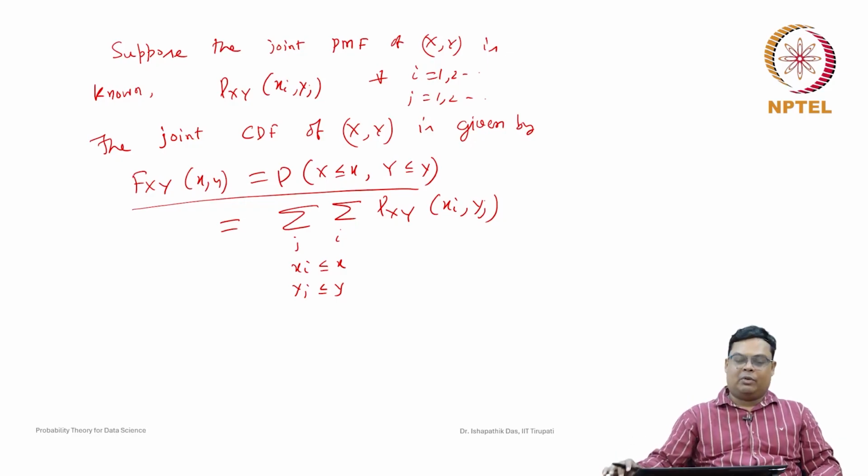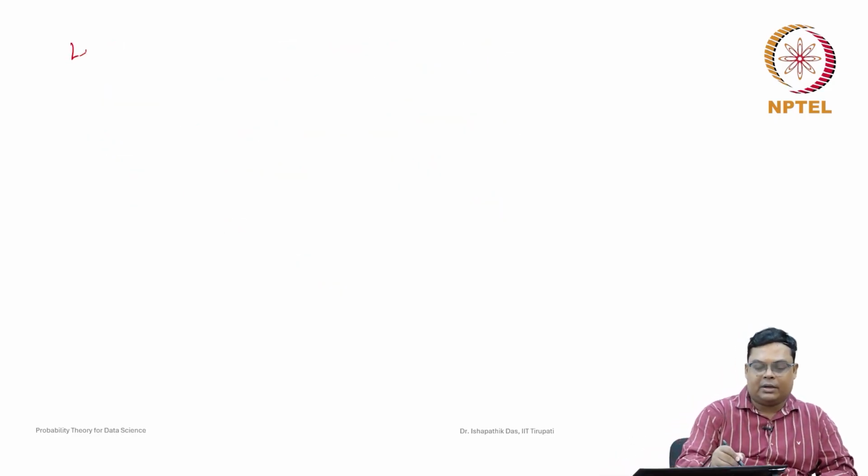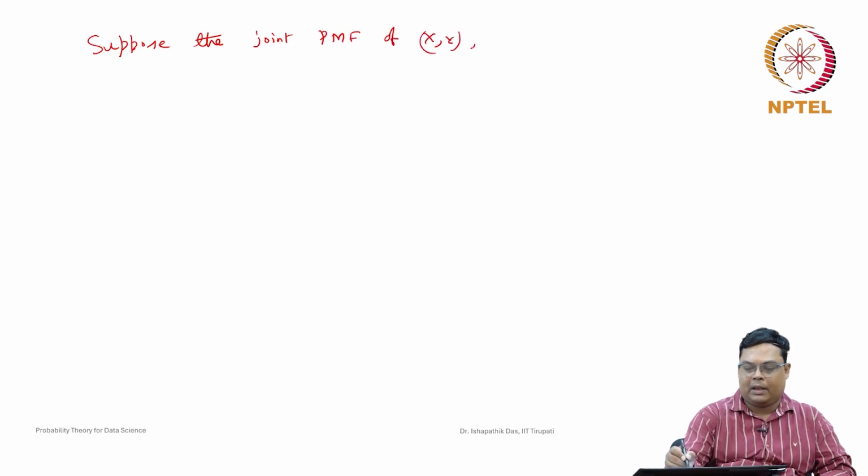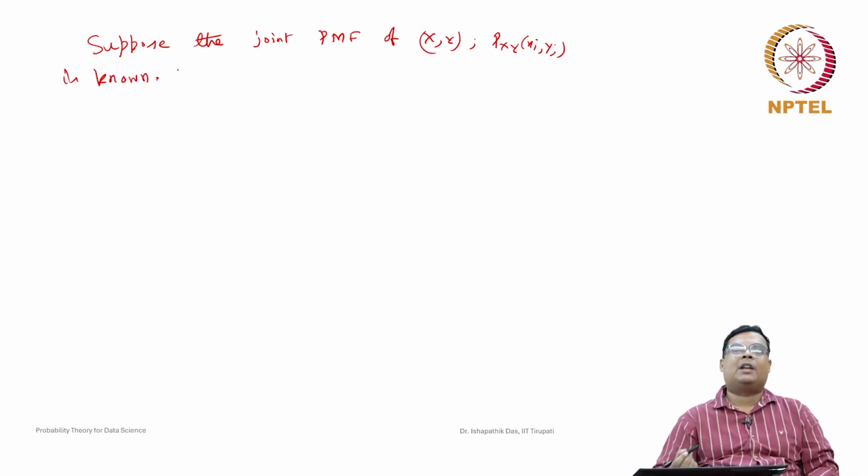How can we find this? Suppose the joint probability mass function of X, Y, that is p_XY of (x_i, y_j), is known. Now, we want to find the marginal probability mass function.